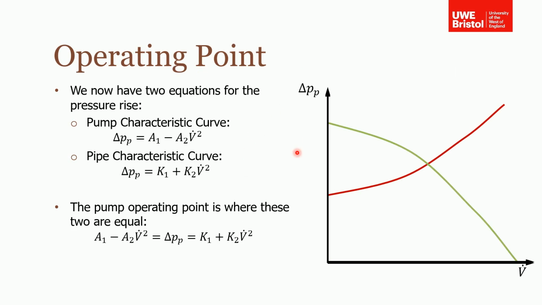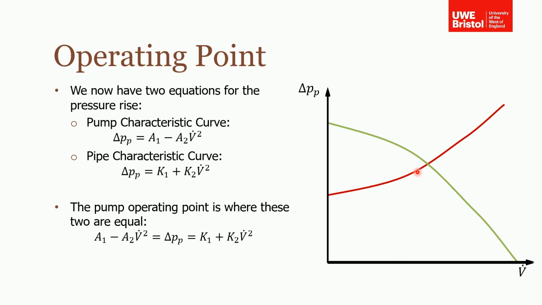So now if we plot that, this is the red line, the pipe characteristic curve: some constant plus another constant times the velocity squared. If you recall, early in the lecture I gave you a generic formula for the pump characteristic curve and showed you that that's the green line shown: some constant minus another constant times the velocity squared.